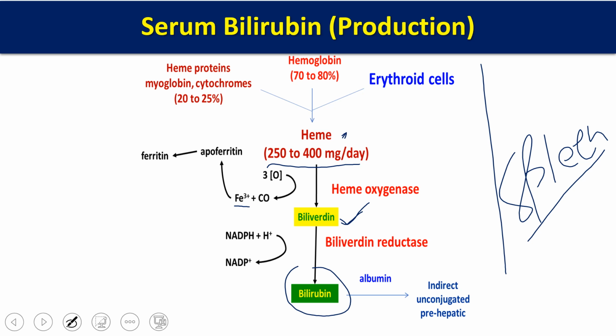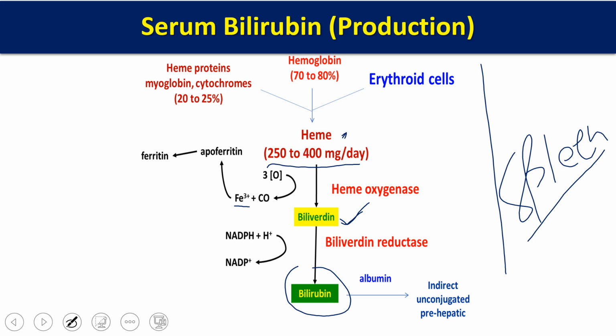Now this bilirubin is water insoluble, so we need to convert it to a water soluble component so that it will be easily removed from my body, because bilirubin is not useful for my body. We don't want bilirubin for any other activity. It needs to be removed. For this removal, bilirubin has to be transported to the liver.